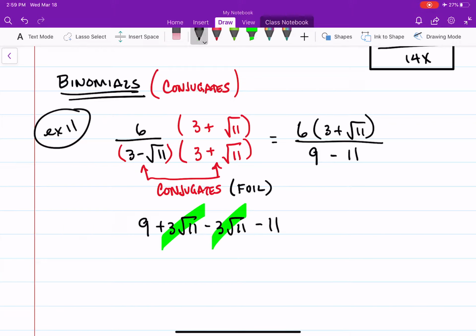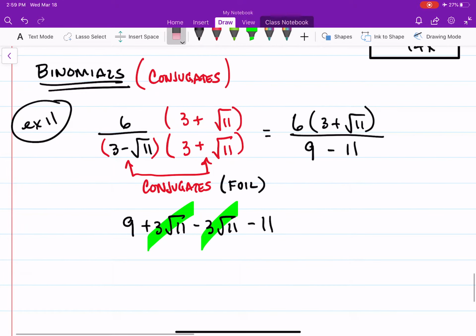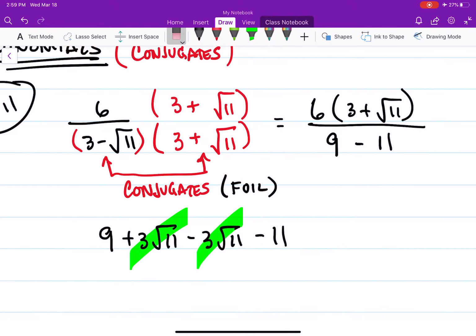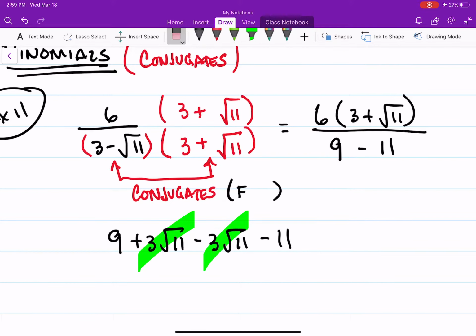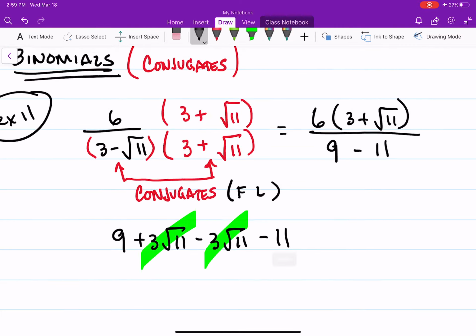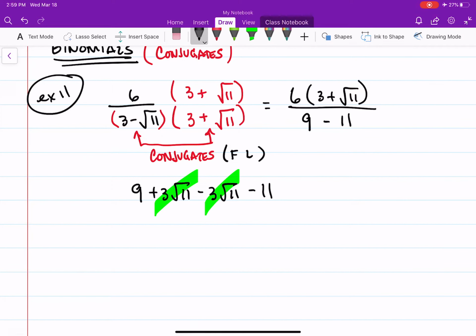And if you notice that these two will cross itself out. So essentially, we don't have to really FOIL. Remember that? Okay, because the outer and the inner would cancel each other out. So all we had to do is first and last. And square root 11 times square root 11 would be just 11. Negative times positive would be negative.